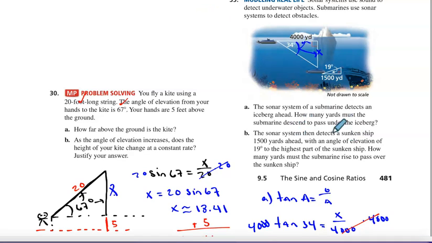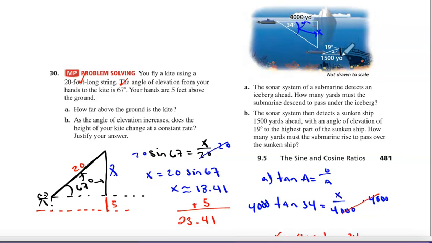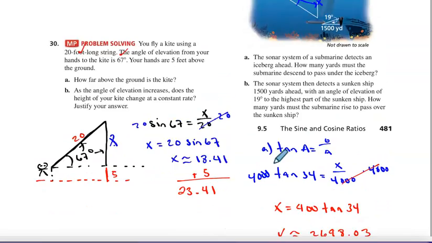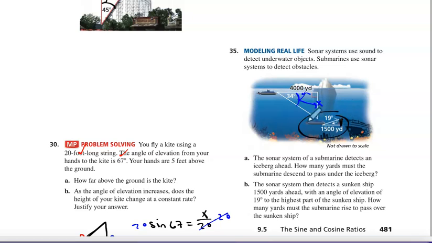And then part B says the sonar system detects a sunken ship 1,500 yards ahead with an angle of elevation of 19 degrees. How many yards must the submarine raise to pass over? So again, now this one I'm looking for this. So here's my triangle. This is 19 degrees. This is 1,500. I need this piece here. I'll call this y. So opposite over adjacent again.